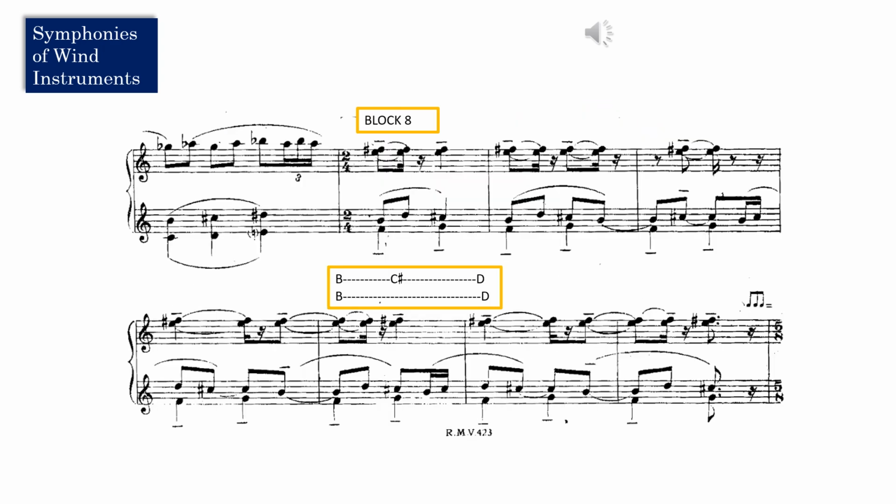After that flute trio, we get a bassoon melody that involves the three notes B, C sharp, B, C sharp, and D. So once again, we get this minor third as a locus of melodic activity. So this music is quite different from anything we've heard before, but it also is concerned with this melodic minor third.